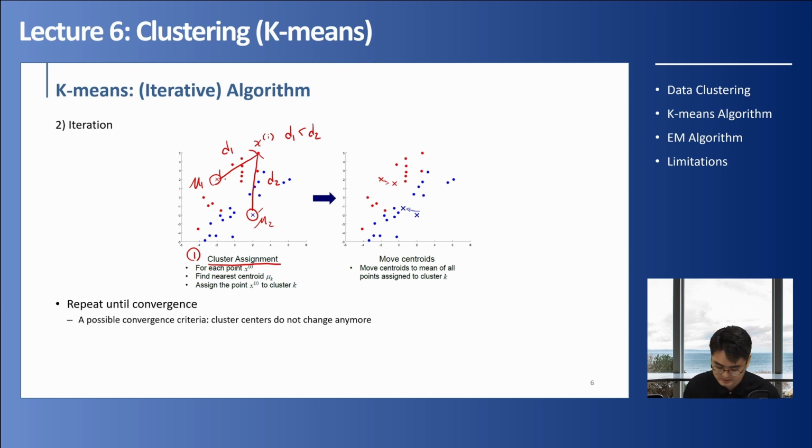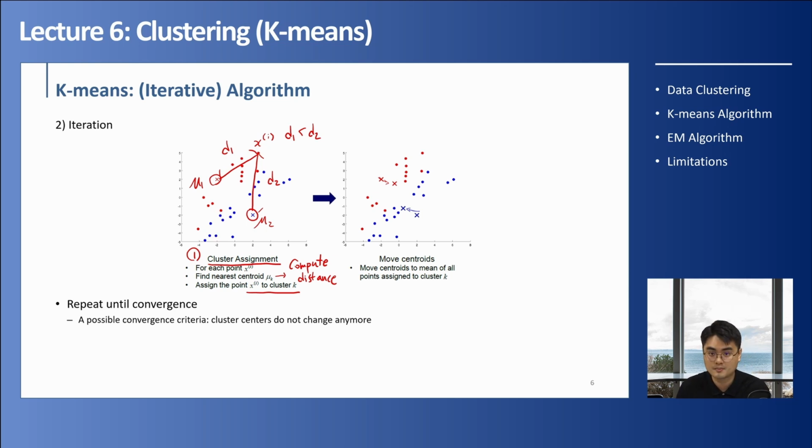So let's say this xi belongs to cluster number 1, the red cluster. Actually, this step, finding the nearest centroid, means that we're computing the distance. Then we do this for all of the data points we have.